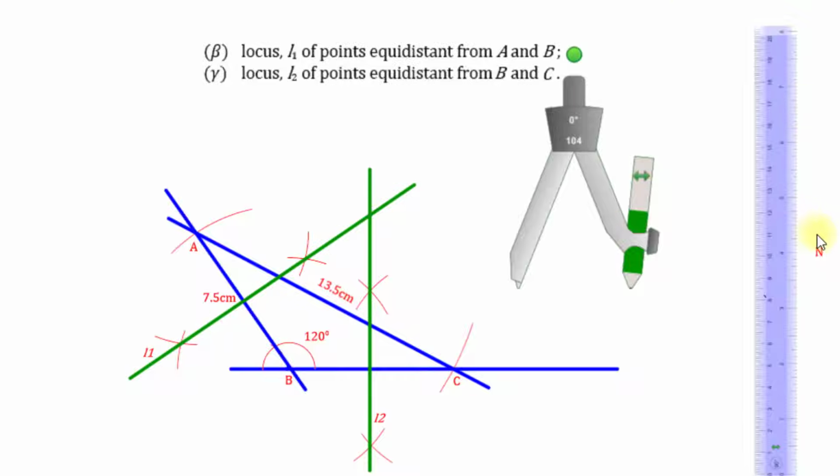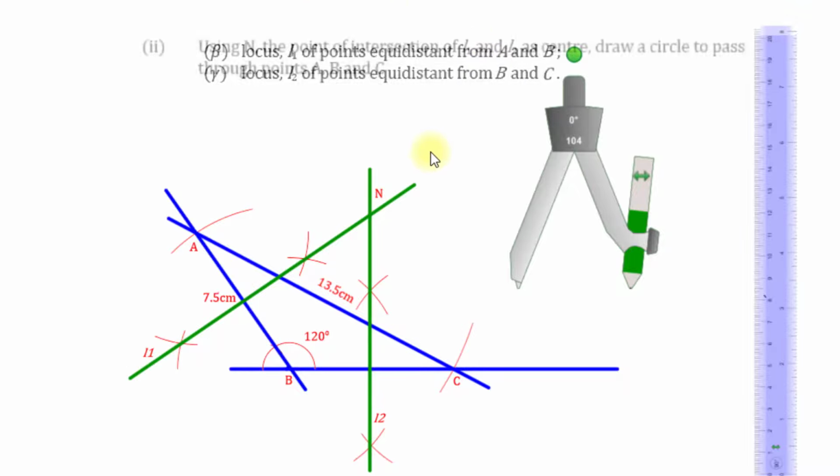Finally, we are told that N is the point of intersection of the two loci. So this is point N here. N here is the intersection of the two loci that we have constructed on the triangle.